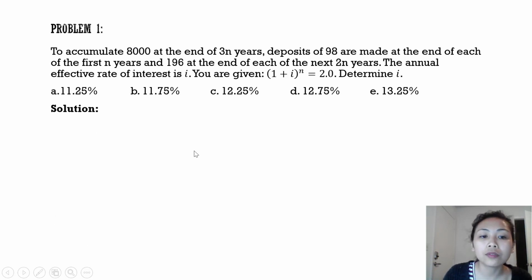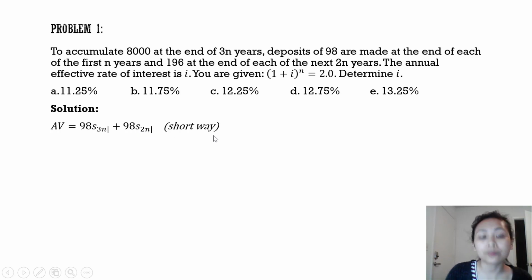So using the shortcut method, we have accumulated value is 98 s 3n. That means we make this 98 the 3n payments. And then the second block is increased by 98. So instead of using 196, we add 98 s 2n.